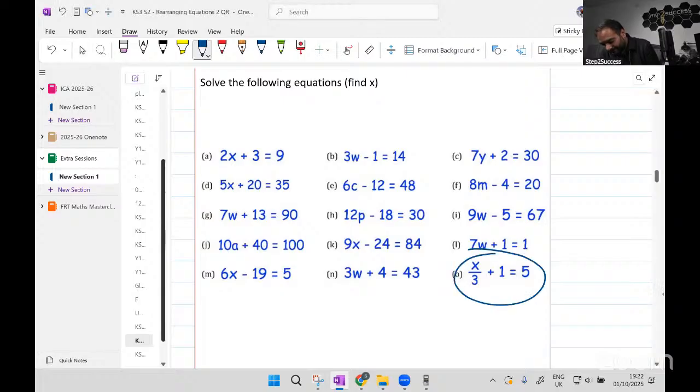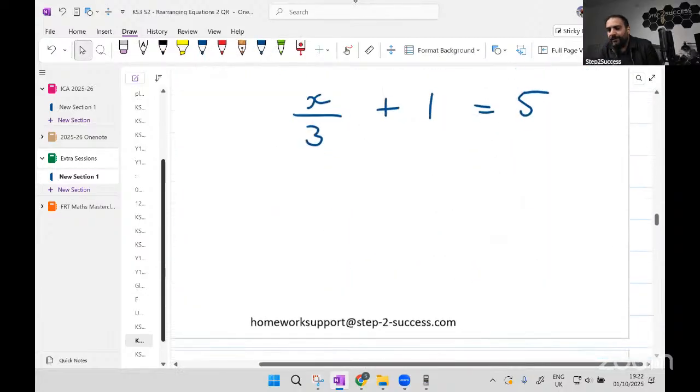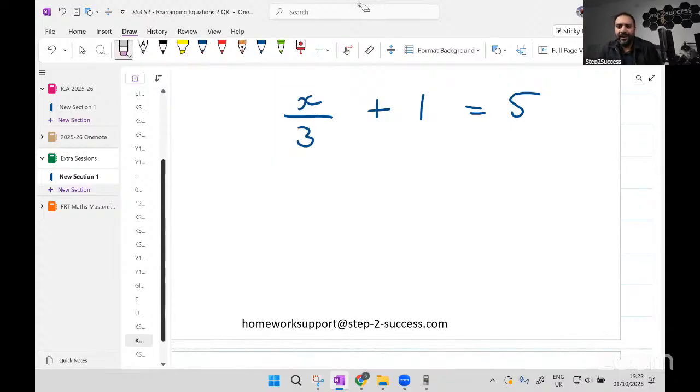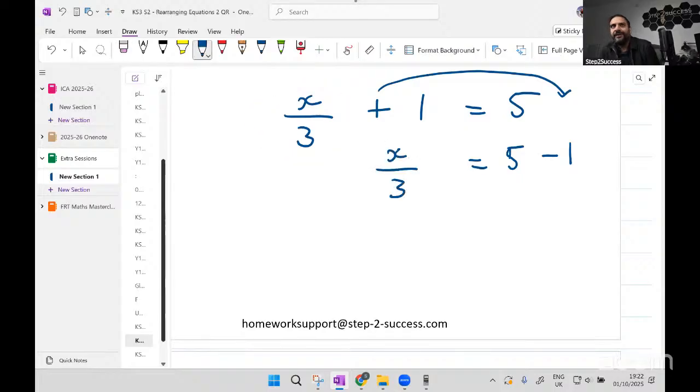So this question here says x over 3 plus 1 equals 5. What we need to do is make x the subject, or get the x by itself. But there's numbers here, so we'll have an actual number at the end as the answer. Whenever you have something being added or minus to a whole thing, you should start with that and move it to the other side. So that plus one will move to the other side and become a minus one, leaving you with just this x over 3 on this side.